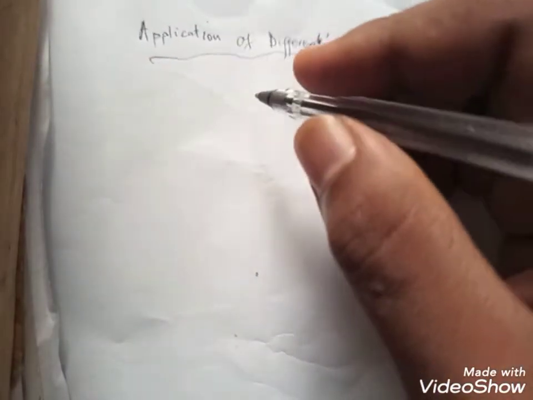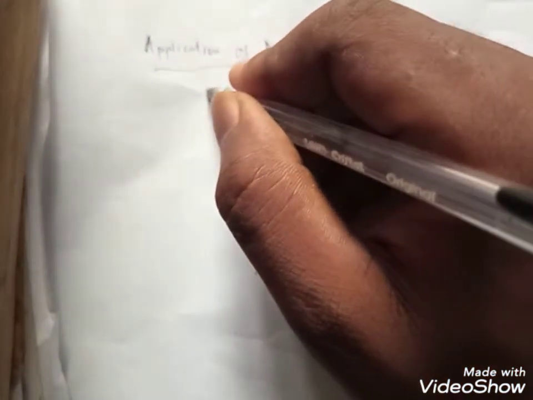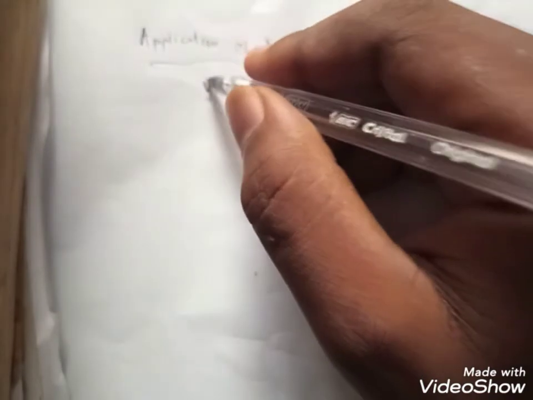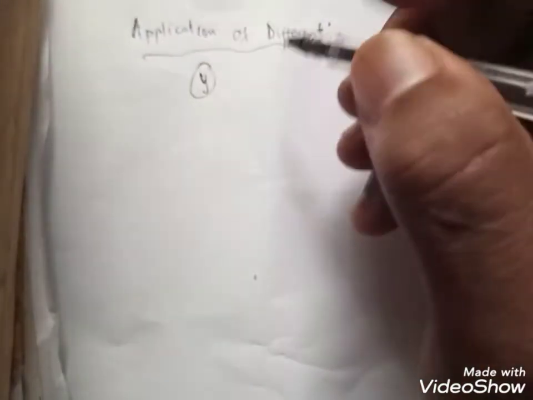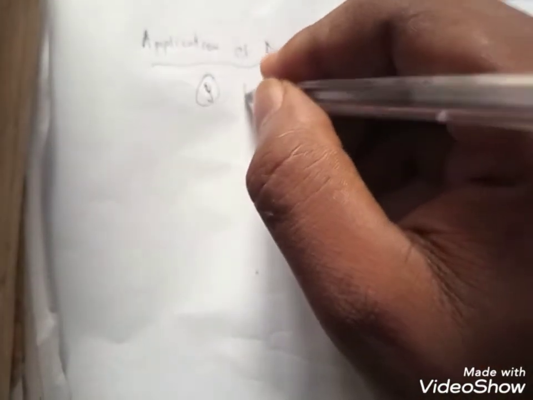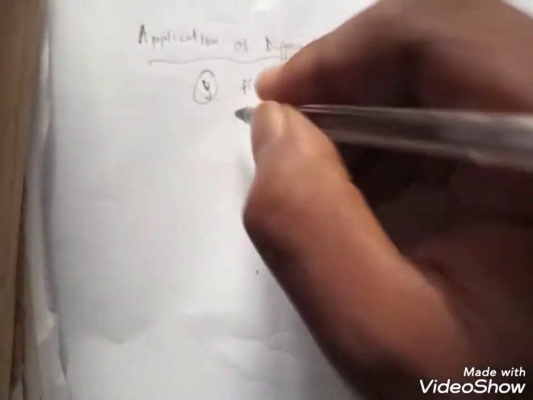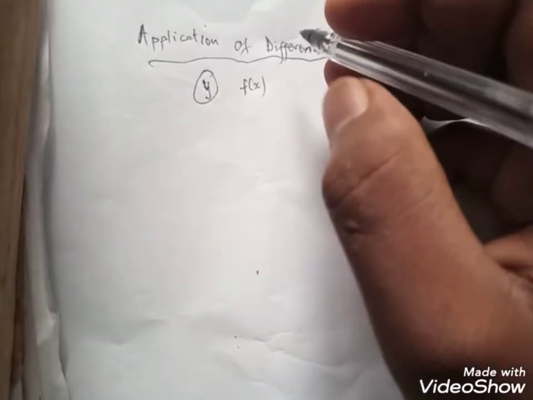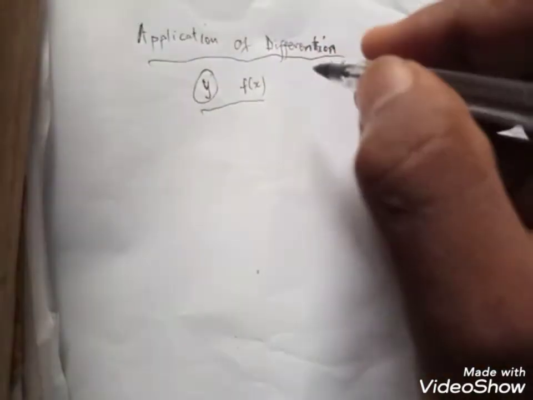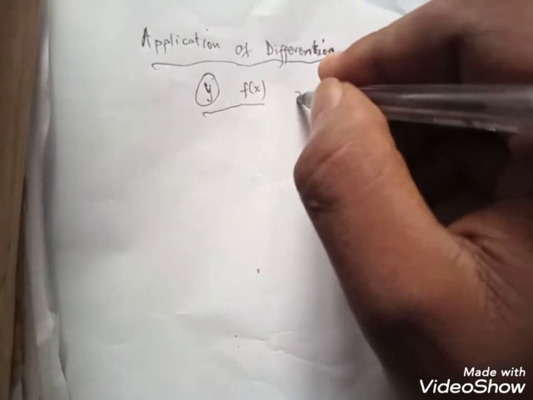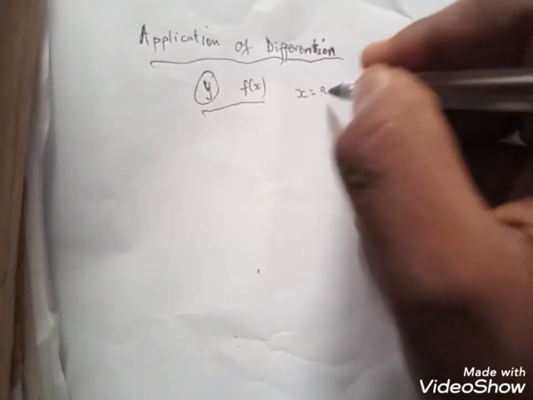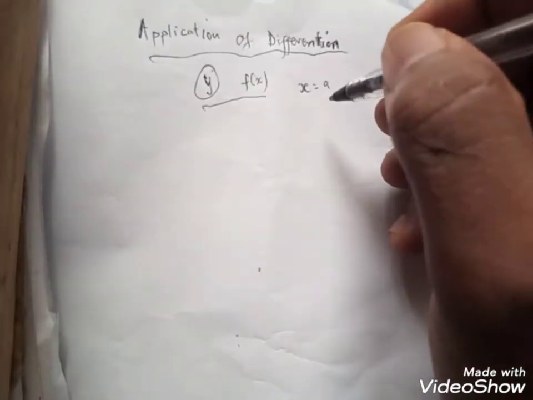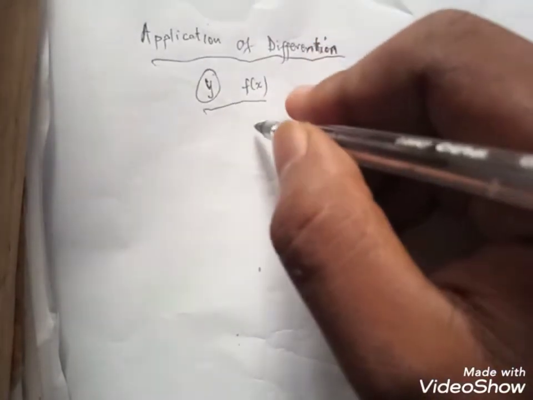So let's say you are given a curve whose equation is y expressed in terms of x, or if the curve is a function, let's say f of x, and you are asked to find the gradient of this function at a point, let's say x equals a, then what you need to do is differentiate.